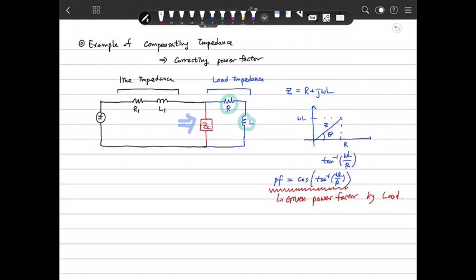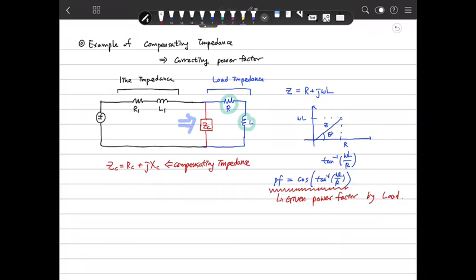We call this ZC. So ZC could be RC plus jXC. The reason we insert the compensating impedance ZC is to improve the power factor.